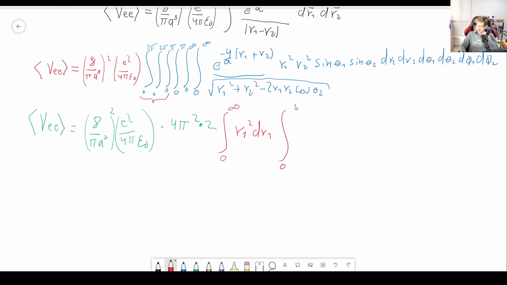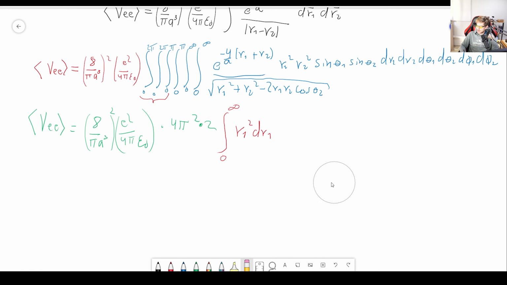So then we have 0 to infinity of everything that only depends on r2, which is going to be r2 squared dr2. And then we have the integral from 0 to pi of everything that depends on theta. Oh, I guess I could have put the exponents here actually, so I'm going to do that.